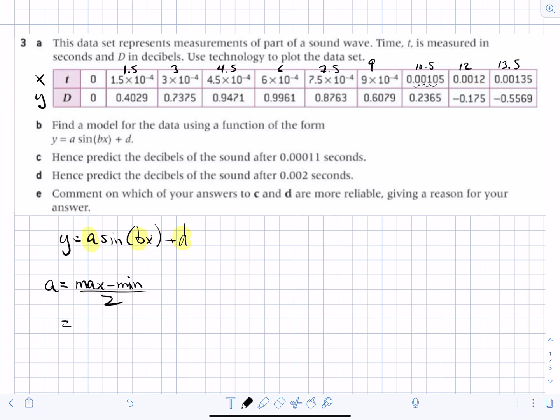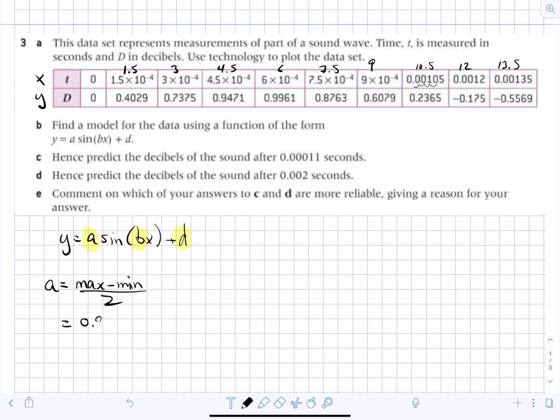So that's x, that's y. So I'm looking for my maximum value of y. So what's that going to be? It sure looks like it is 0.9961. Okay? Now, it's not going to be perfect what I'm going to find because I don't think that's my actual maximum. That's just one of the points.